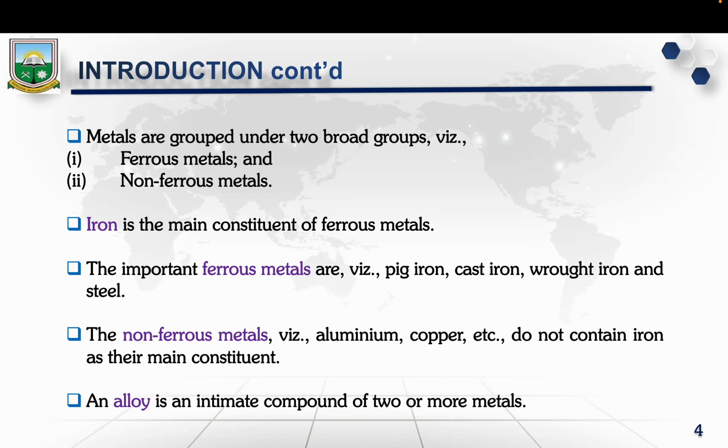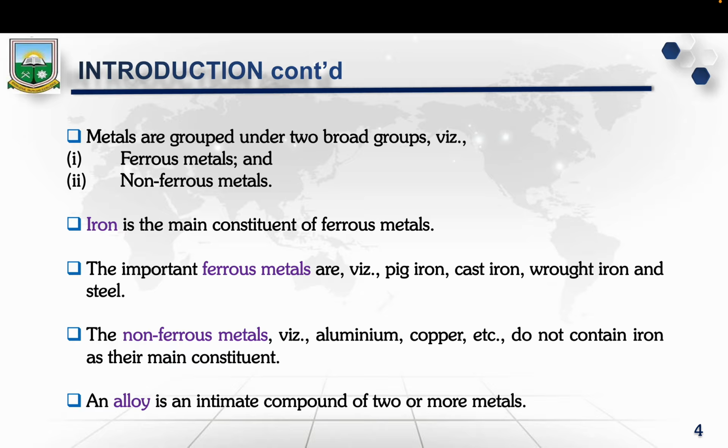Examples are pig iron, cast iron, wrought iron, and steel. They have magnetic properties, and their strength and abundance make them the backbone of industrial development. They have specific magnetic properties and specific strengths, and they are very common, so they are easily available. That makes them the go-to choice when you are working with metals in the industry.